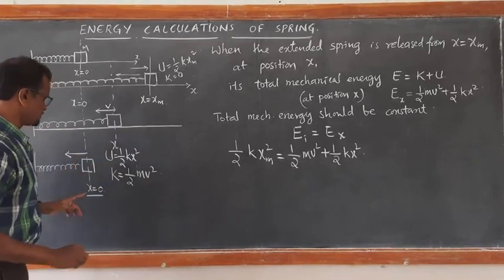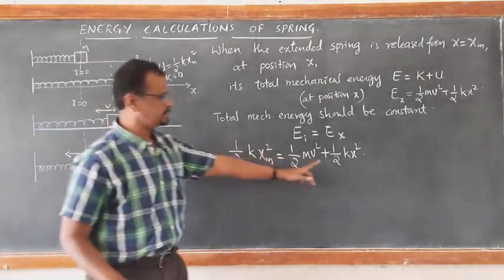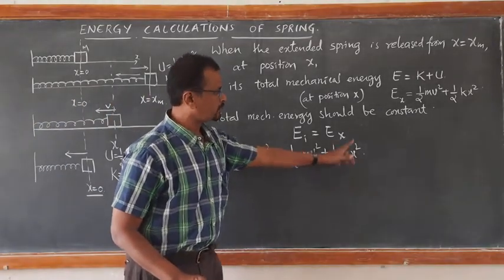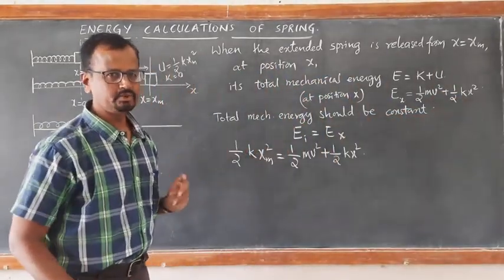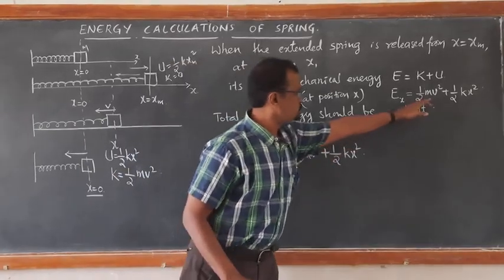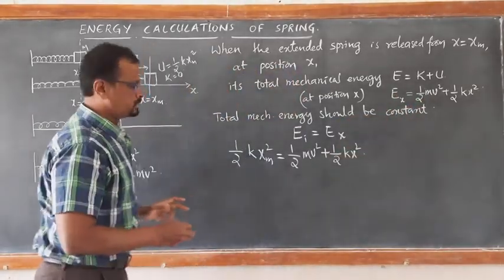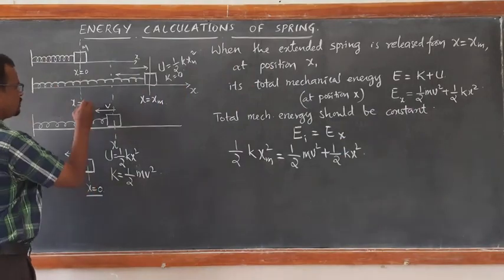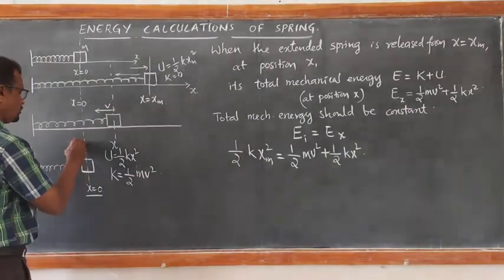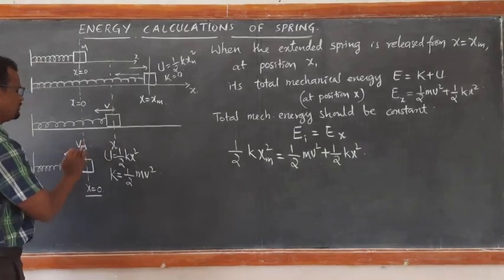At this position x equal to 0, what is its total mechanical energy? If you put x equal to 0 in this equation, then potential energy U becomes 0, and the speed becomes maximum. Earlier it was having v, now it will have maximum speed vm.